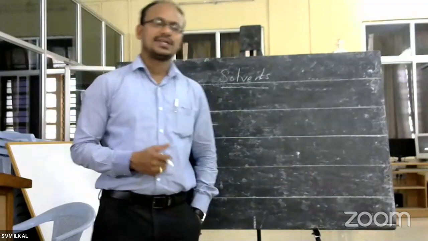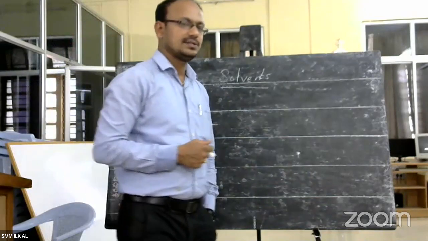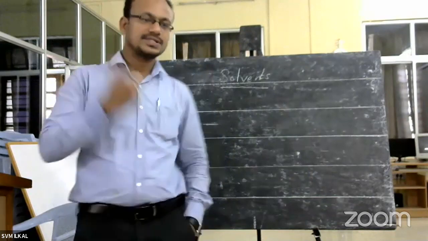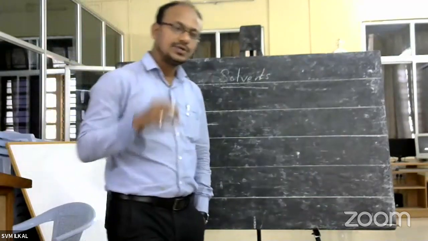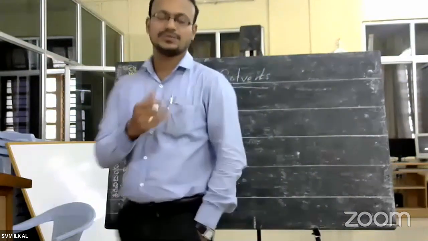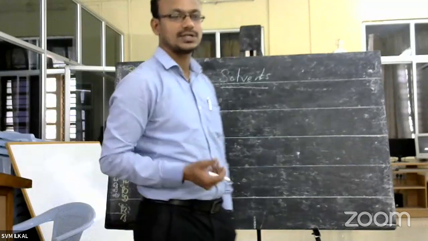Not only in chemical synthesis, take your own body. For example, all the ions and all the proteins which are present in the human body dissolve in water. As you all are aware, the human body consists of 70% water.